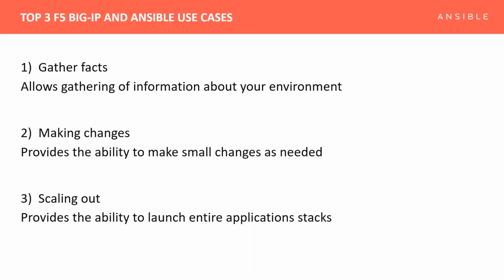And using Jinja templating and iApps, you're able to really scale out your production-ready items very quickly, because you could take and template out your entire VM stack, for instance, and say, I need 3 VMs with these IP addresses, and these are the variables that I want to pass through to the iApp that's going to be deployed, and I'm able to push out an entire application stack from beginning to end.